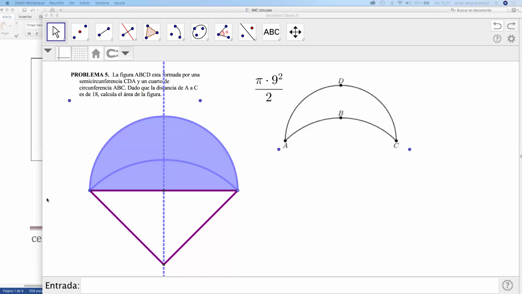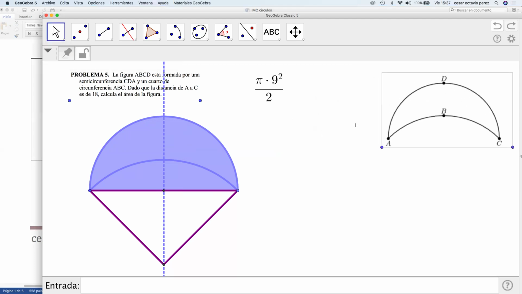Ya está, perdón. Ok, entonces teníamos que el área del círculo es pi por radio al cuadrado, la mitad. Ok, 9 squared pi divided by 2. Okay, and the other one will be, we need this.